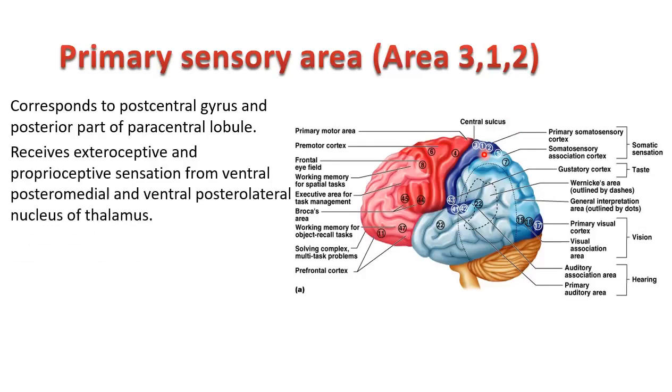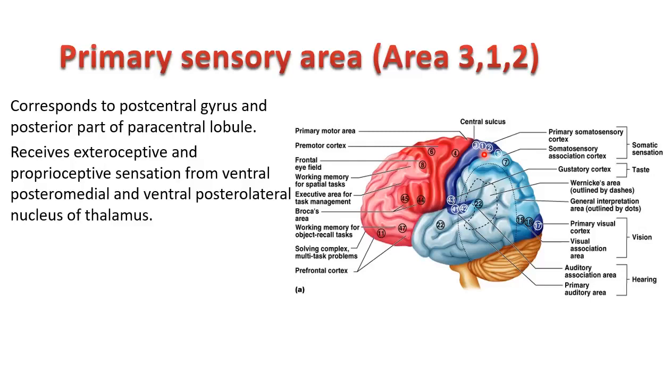Mainly all the sensations, exteroceptive and proprioceptive, are analyzed here. The primary sensory area analyzes and discriminates the various modalities of sensation. Pain and temperature have only a slight representation here, whereas the different modalities of the cutaneous and proprioceptive sensations are discriminated here.